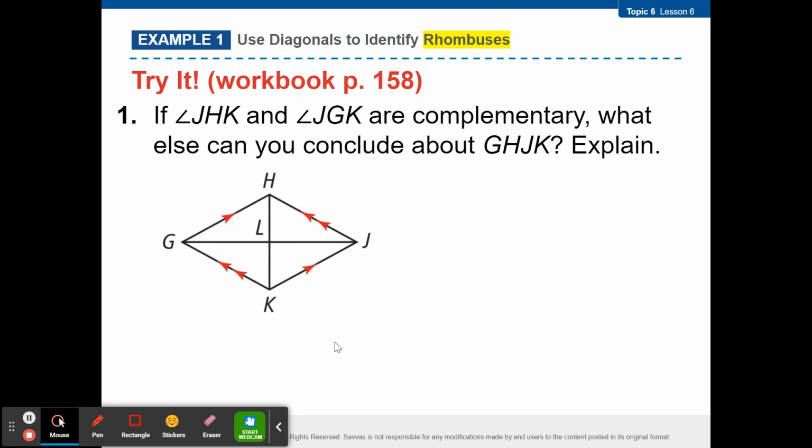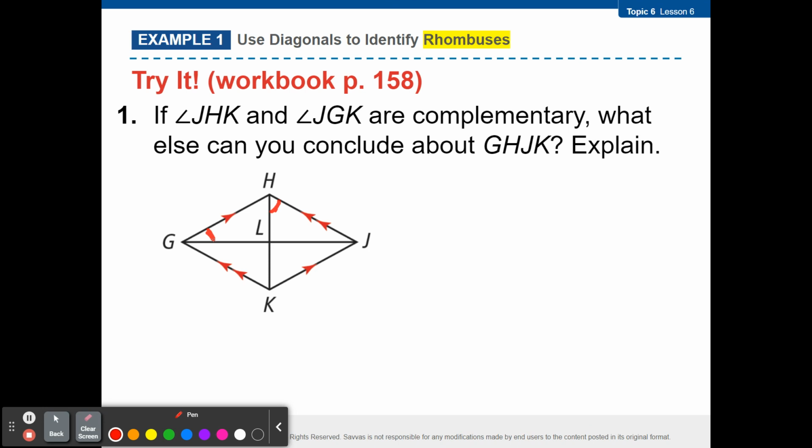Okay, so if angle JHK and angle JGK are complementary, what else can you conclude about GHJK? So they're saying J to H to K and J to G to K, this and this are complementary.